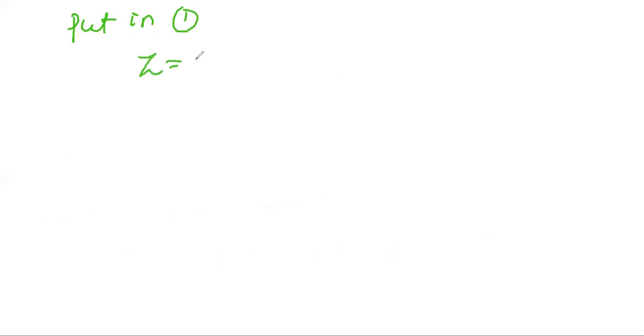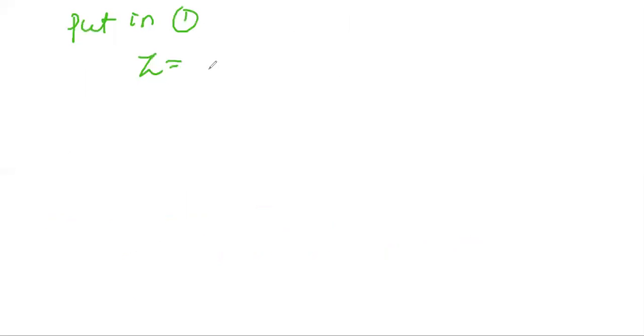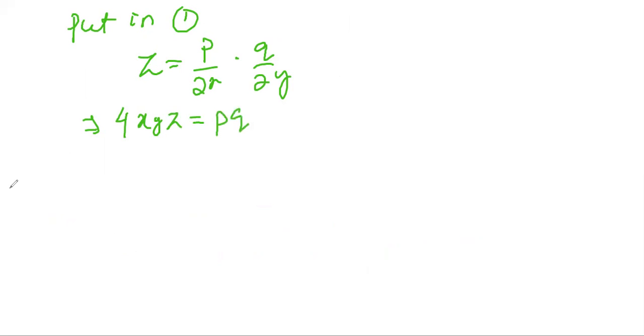Now z is equal to p by 2x into q by 2y. Then the result is 4xyz is equal to pq. So this is the partial differential equation, friend.